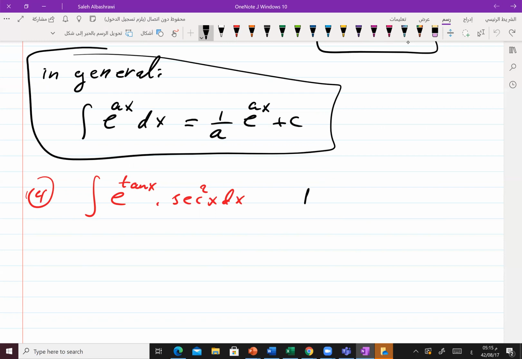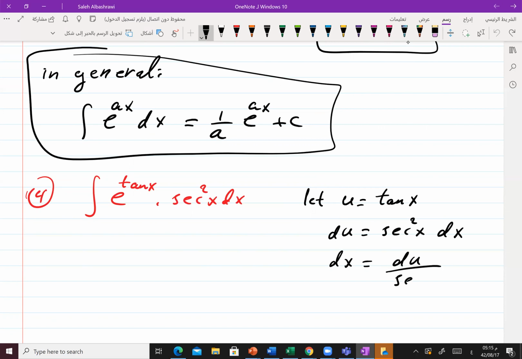Say let u equal to the power, which is tangent x in this example. So du, differentiating tangent, will give me secant square x dx, or dx is equal to du divided by secant square x.